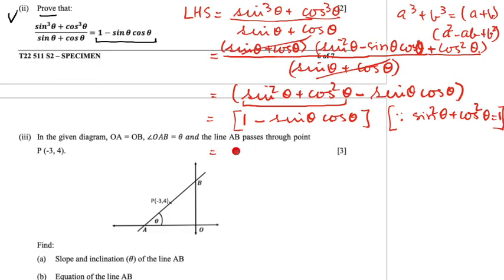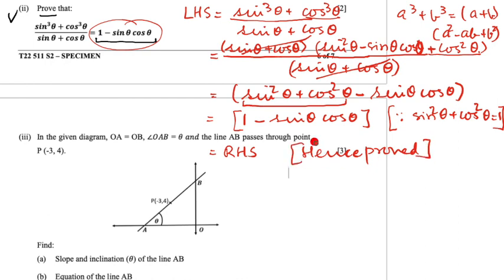That will give us 1 minus sin theta cos theta, this is our RHS, and then we'll say hence proved. Okay, easy, understanding everything, right?